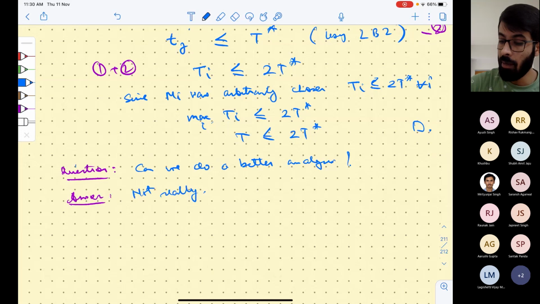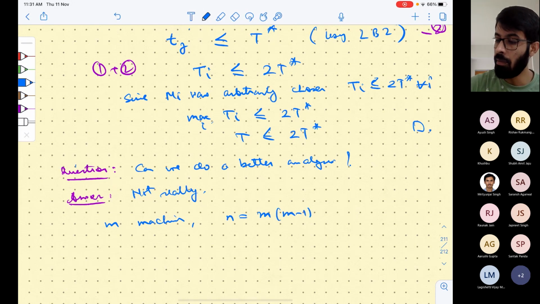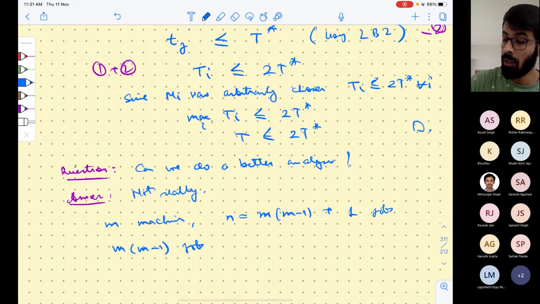Because let's take M machines and N equal to M times (M minus 1) plus 1 jobs, where M times (M minus 1) jobs require time 1, and 1 job requires time M.